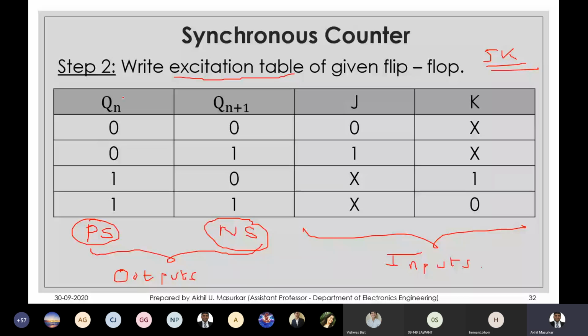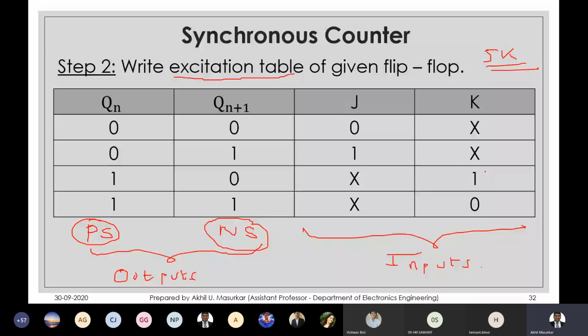So you might be in state 0. Your next state can be the same state or it can be 1. You might be currently in state 1. Qn can be 1, but the next state could be 0 or 1. And for that, these J and K values we have already derived. This excitation table we have already derived. So when Qn and Qn plus 1 are 0, 0, J is 0, K is don't care.